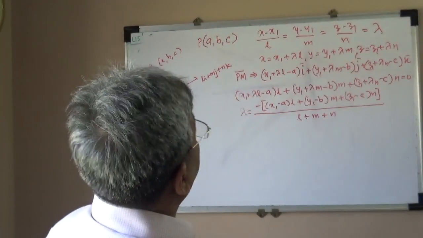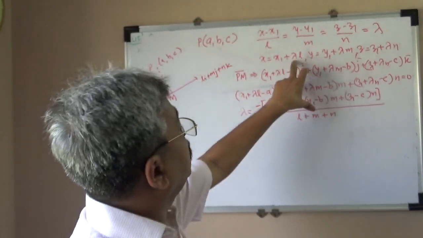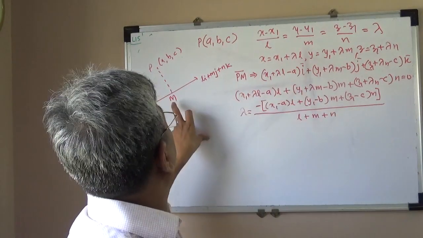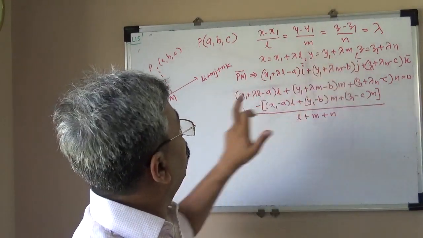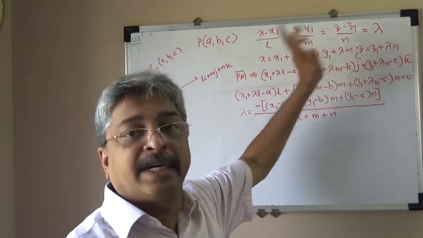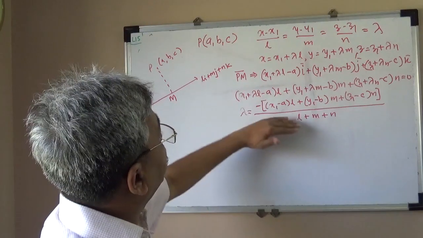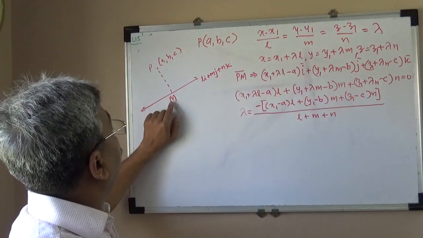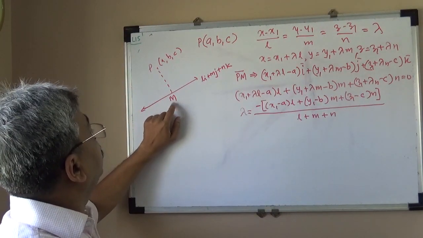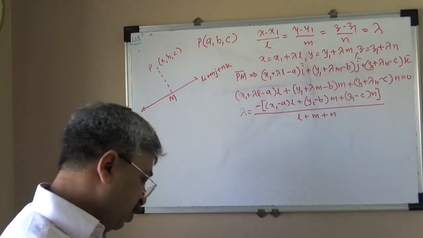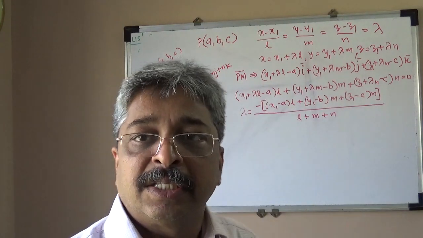If we substitute this value of lambda back into this equation, we get x coordinate of M, y coordinate of M and z coordinate of M. I am not writing it, but it is easy. And now the moment you get the x, y, z coordinates of M, you should be able to write down the distance PM.